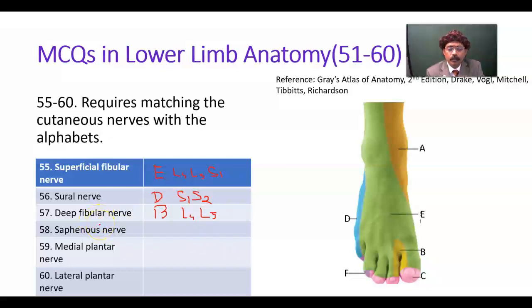Saphenous nerve: we'll go to the saphenous nerve. Here is the area for the saphenous nerve. Okay, got that. What is the root value? L4, L5, S1, that is A, saphenous nerve.